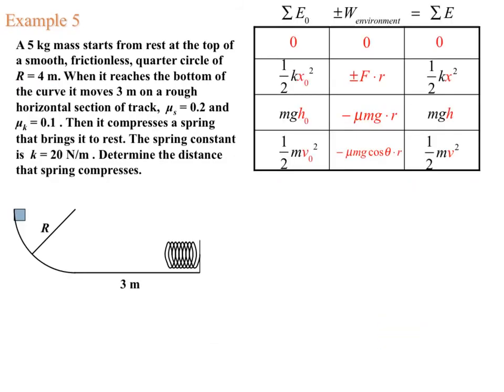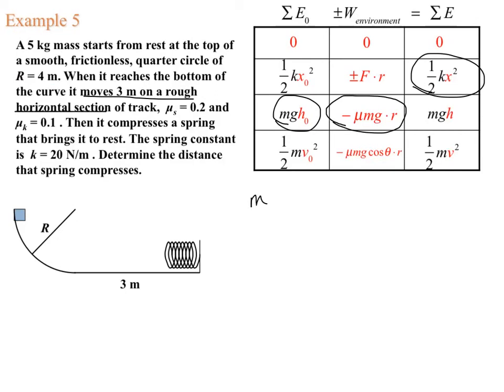Now again, we have a very similar problem. We have a 5 kilogram mass that starts at a certain height, which means we're going to have gravitational potential energy. It moves over a rough track. So we have energy lost due to friction. And then we want to know how much it is going to be compressed onto our spring. So we're going to have spring potential energy at the very end.